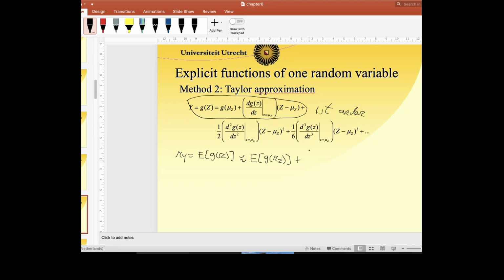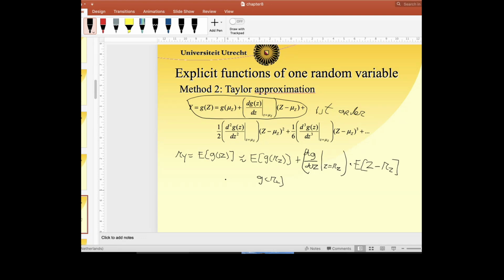So we end up with this multiplied times the expected value of Z minus mu Z. Well, this first part is just a constant, so this is g(mu Z).